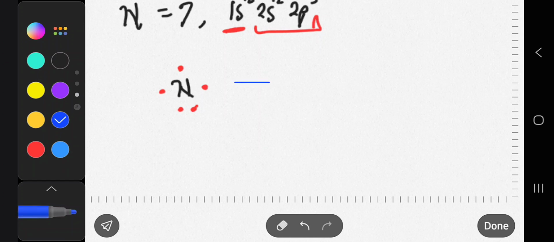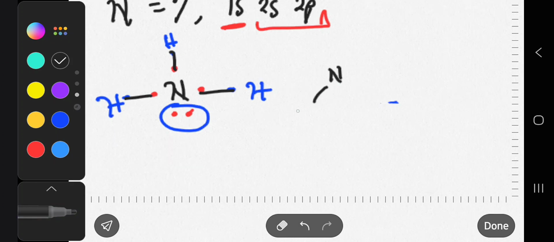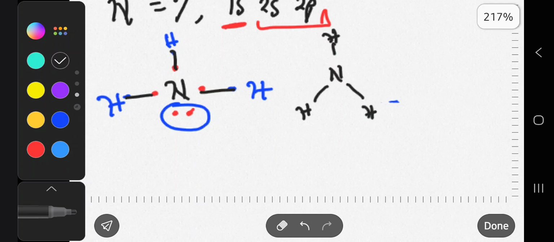And if this wants to go into reaction with hydrogen, hydrogen can only give 1. Hydrogen can give 1, and hydrogen can give 1. That will lead to the formation of ammonia. Can you see that? And that is why we always get to see nitrogen having this non-bonding electron, this one lone pair of electrons. So this is ammonia, and you always see that it has been represented with this non-bonding electron.